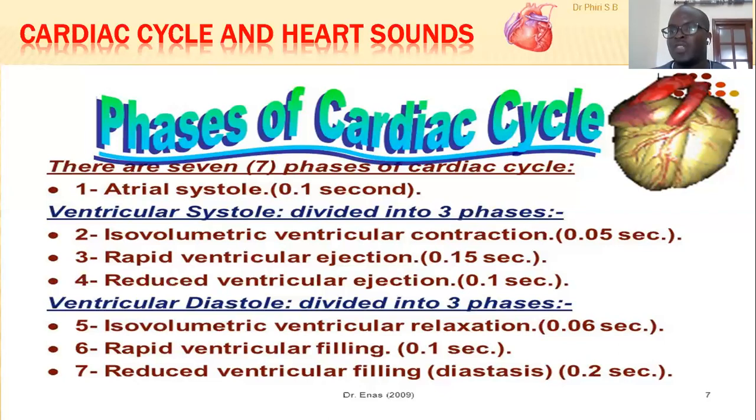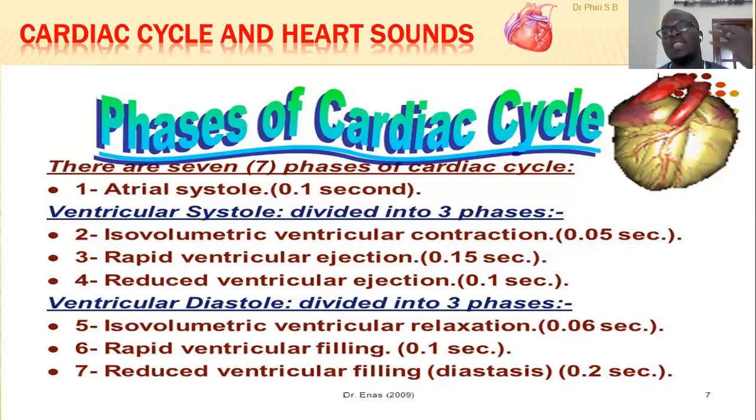The ventricles have to relax. So the ventricular diastole is also divided into 3 sub-phases, and these are phase 5, which is called the isovolumetric ventricular relaxation, which is very fast, about 0.06 seconds. Then you have the rapid ventricular filling, and you have reduced ventricular filling.